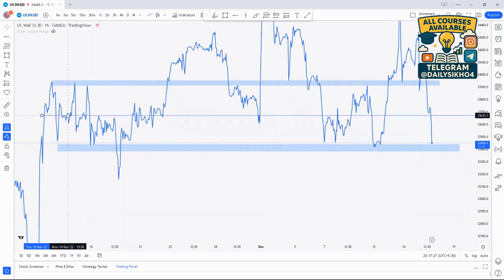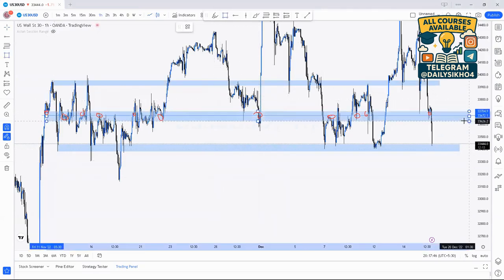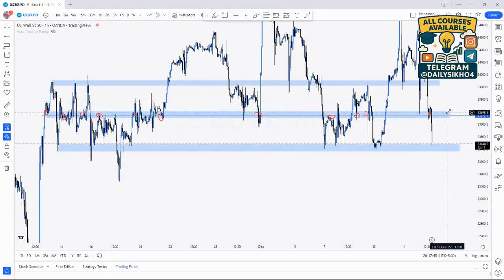So look at this. The average is this, because the price has rejected it a lot of times. So that's very important now. And also this area becomes very important because it's the immediate level of resistance for us.